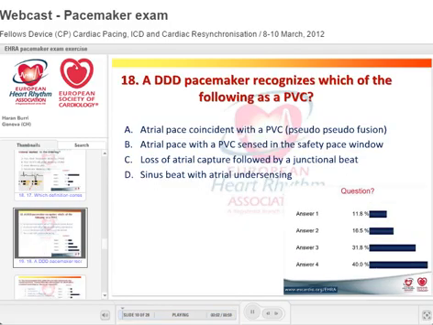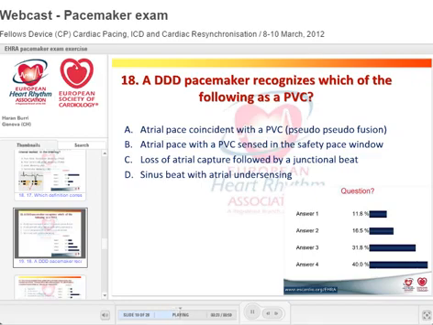Next one. A DDD pacemaker recognizes which of the following as a PVC? Please vote. It'll be between answers 3 and 4. The correct answer is sinus beat with atrial undersensing. Basically, for a pacemaker, a ventricular premature beat is a ventricular sensed event that's not preceded by an atrial event, either atrial paced or atrial sensed.